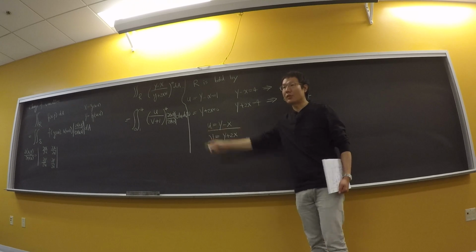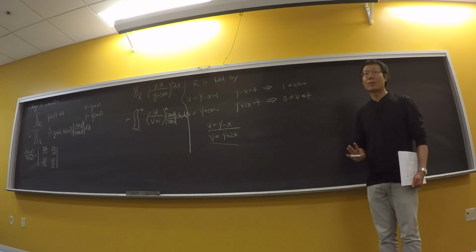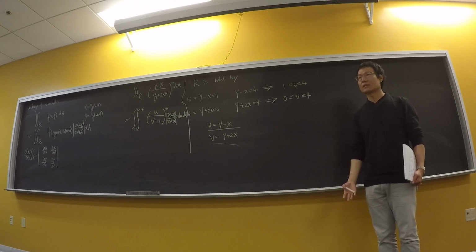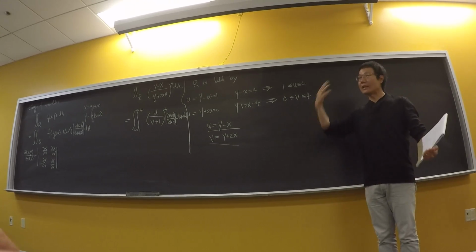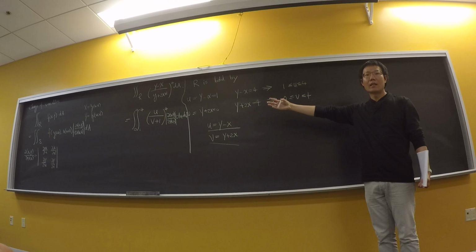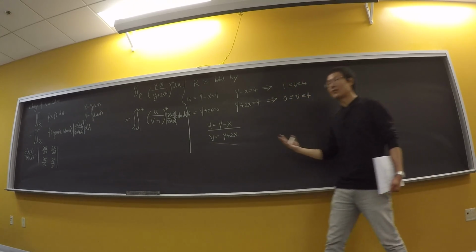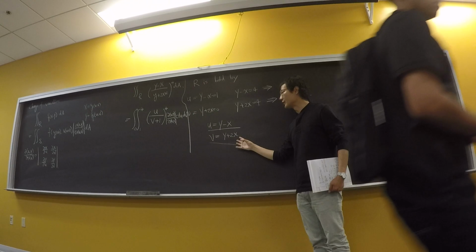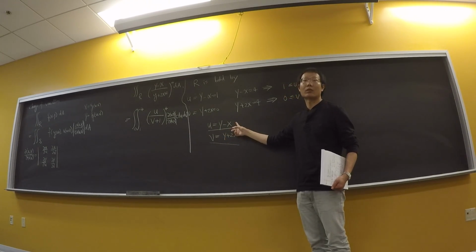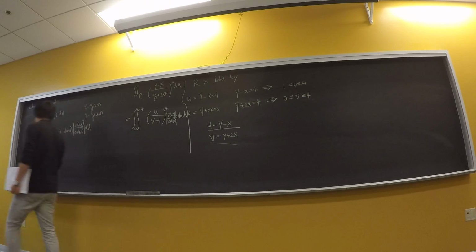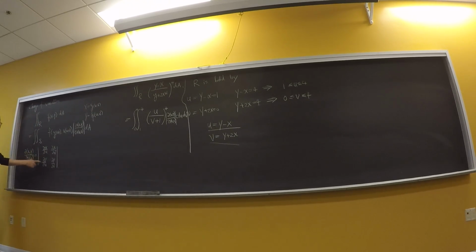Am I right? You can't do that, but you have to solve for x and y first. Only when you have an equation x is equal to whatever of uv, then you can take the derivative with respect to u and v. Are you with me? For these 2 equations, you can only take the derivative with respect to x and y, not the other way around. Yes? Yep. So that's why this Jacobian, this is what we have.